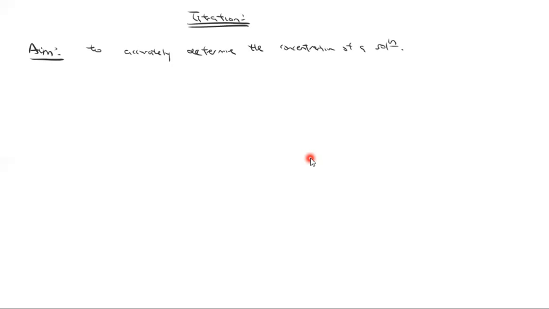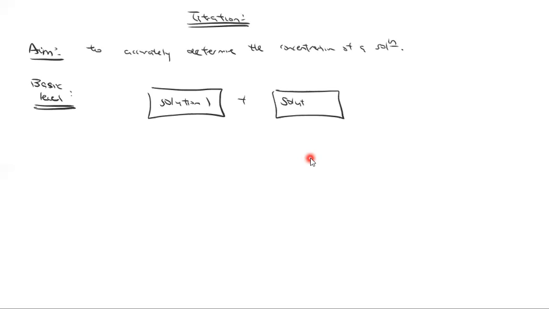So whatever you're doing with the titration, that's the aim, to work out the concentration. At a very basic level, this is nothing new, you've got some solution 1, you've got some solution 2, and typical questions are going to be acid and base, but they're certainly not the only ones.